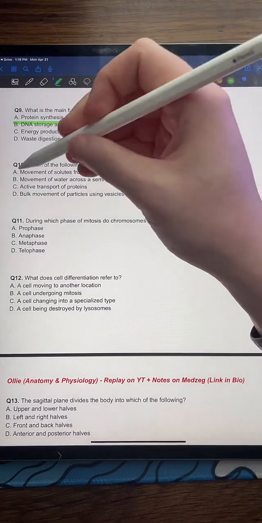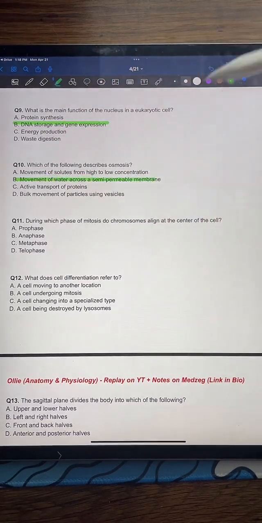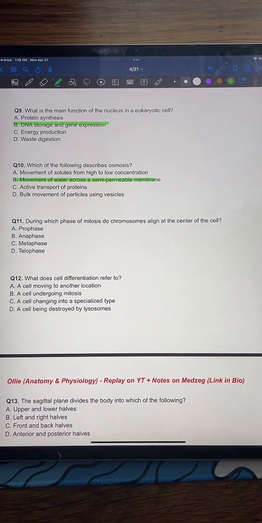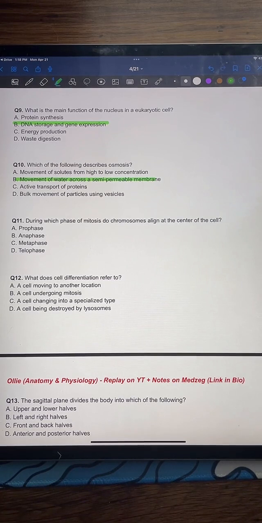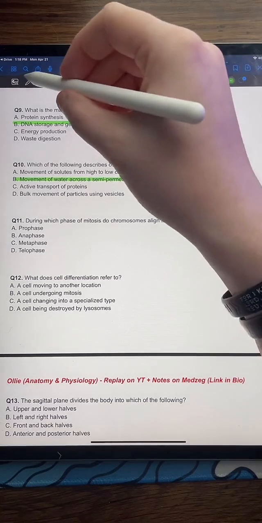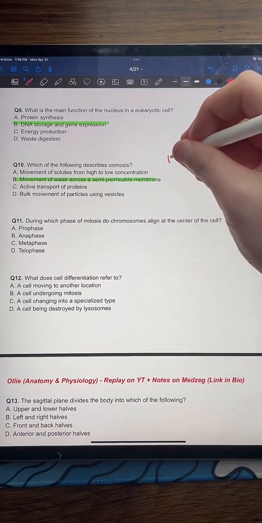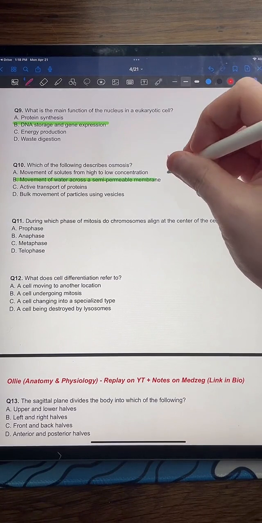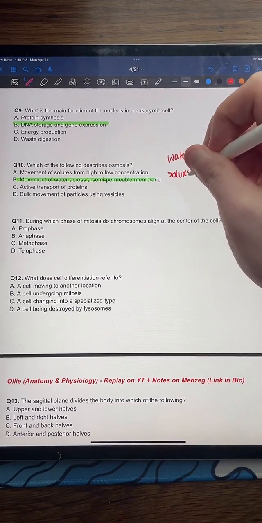The answer to number 10 is B. It is movement of water across a semi-permeable membrane. So osmosis refers to the movement of water from an area of low solute concentration to an area of high solute concentration through a semi-permeable membrane. When we look at osmosis, we have our water and our solutes.